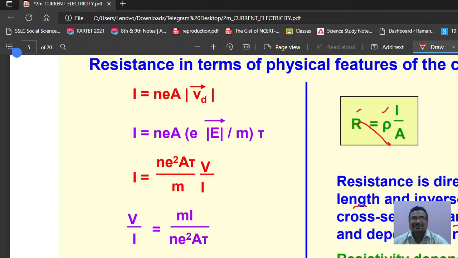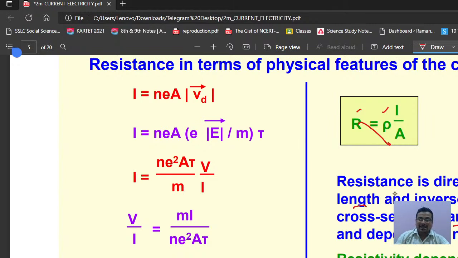As length increases, resistance increases. Now on a national highway, there are two lanes, three lanes, so vehicles pass easily. If the area of the conductor increases, charge passes easily: as area increases, resistance decreases. Hope you understand this concept.